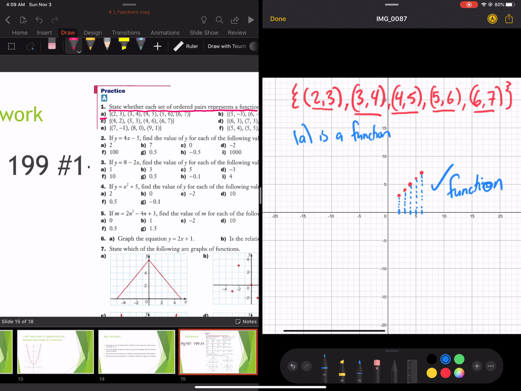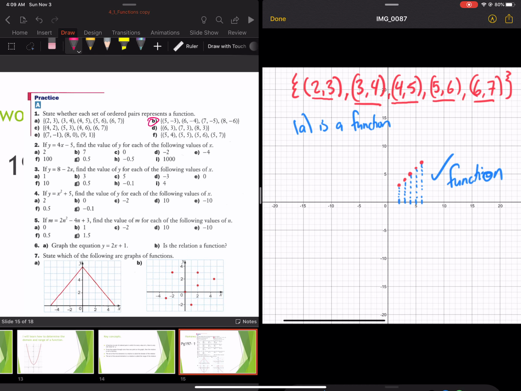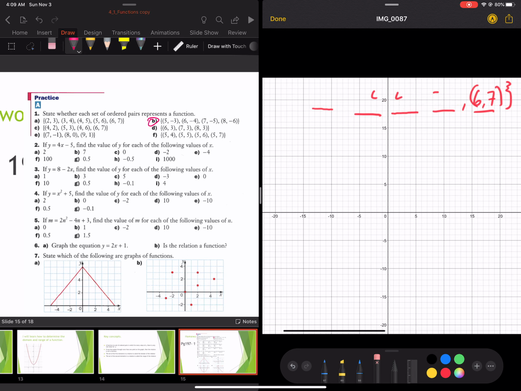All right. Let's look at 1b. So we're doing 1b now. Okay. And let's erase everything here. And what we're going to do is put everything down, all our points. We're going to mark our points.